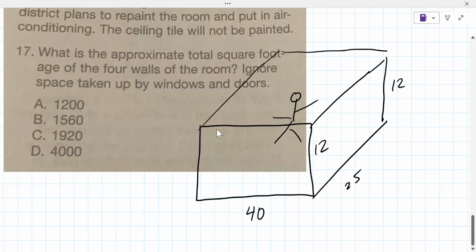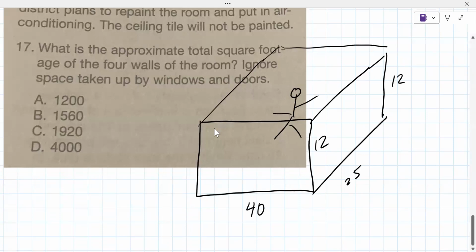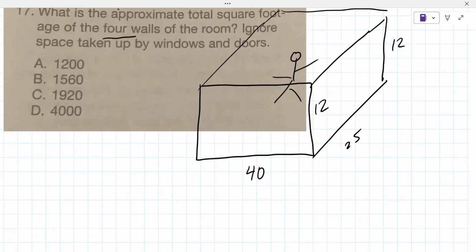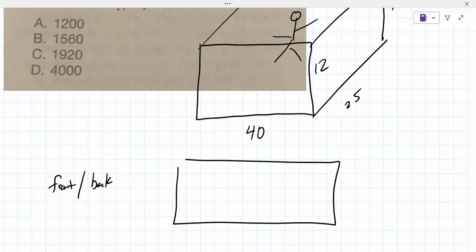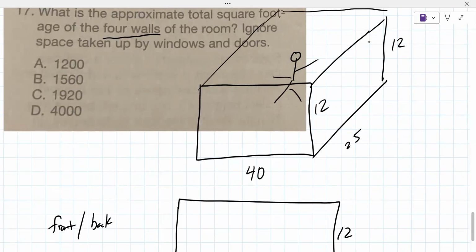Okay, that's good. So it says four walls. So there's the front and the back, and the front and the back are 40 by 12. Like this, not to scale, but it's this one here, the 40 by this 12.